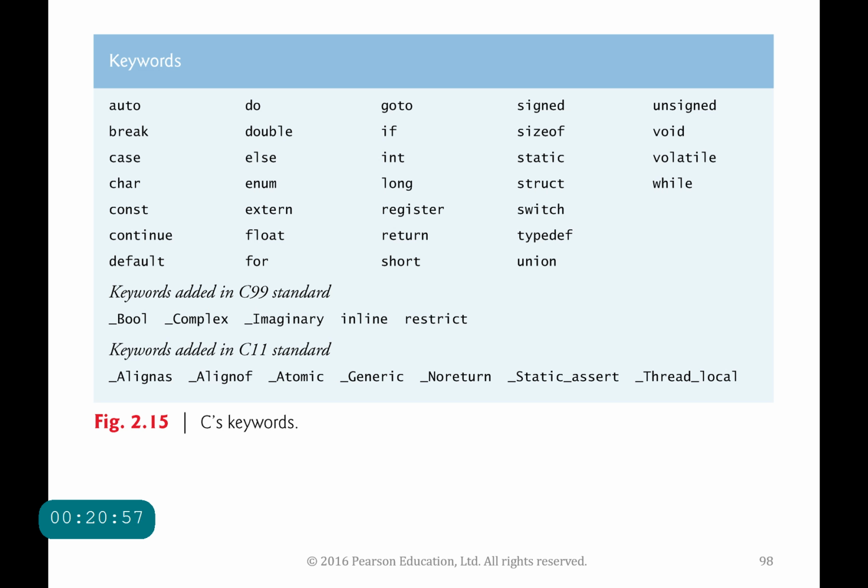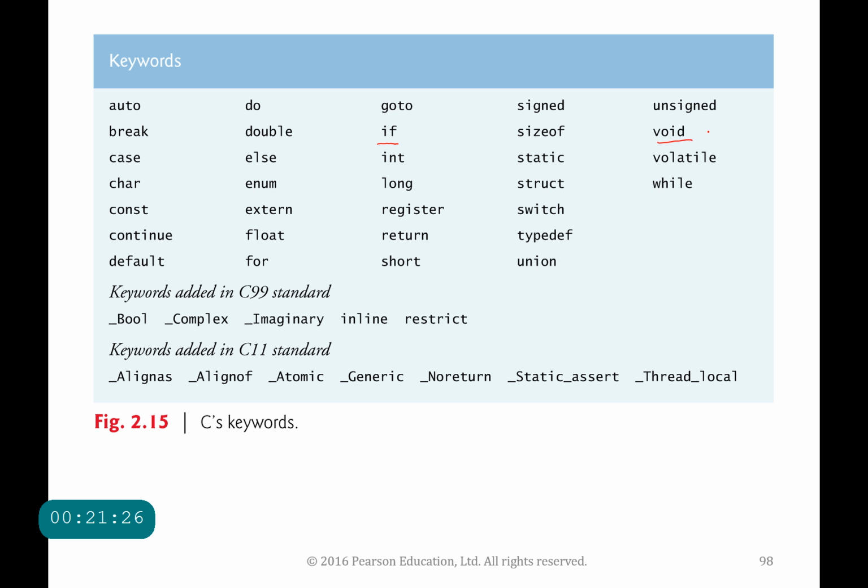So here's a list of all keywords, or a lot of keywords that are used by the C language, and these keywords you should not use to name variables. So do remember that. You'll see some familiar words. Some of these you've seen already. A lot of these you will see in later chapters. But let's look at some of these. So the first one we see, if, is in the list of these keywords.